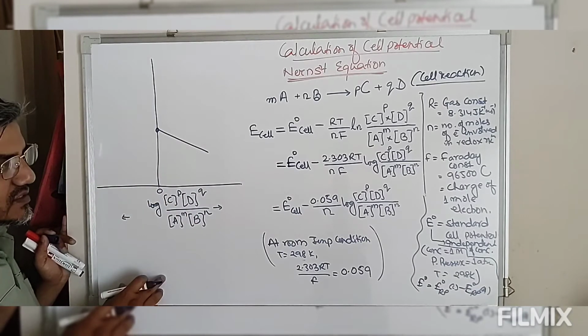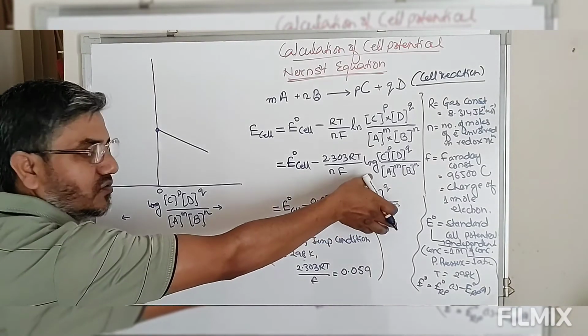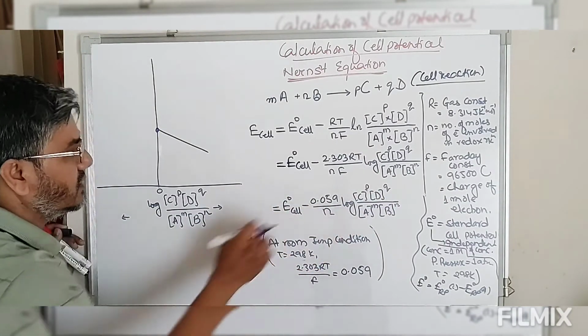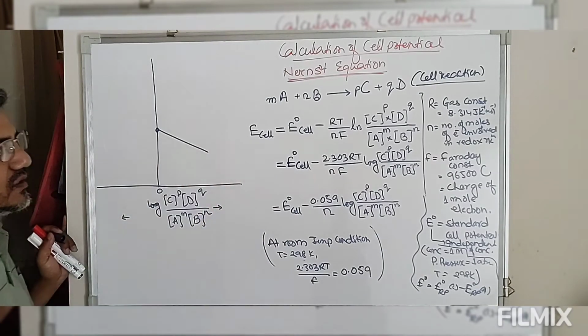So ultimately look at this. A case will come if we keep on increasing this value: a stage will come where this E naught will be equal to this value, and then the difference comes out to be 0.